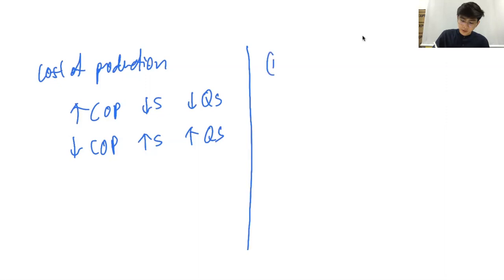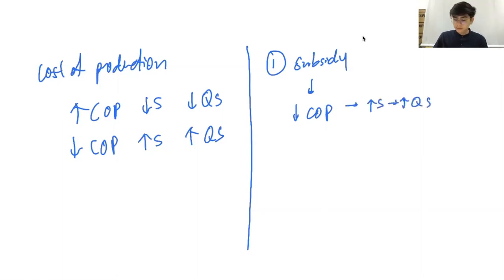But now, most of the time, the famous factors that will affect the cost of production, the first one is subsidy by the government. Subsidy will reduce the cost of production. Okay, so therefore, you have higher supply, higher quantity supplied. Another one will be technological advancement.